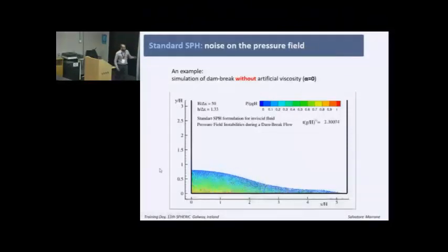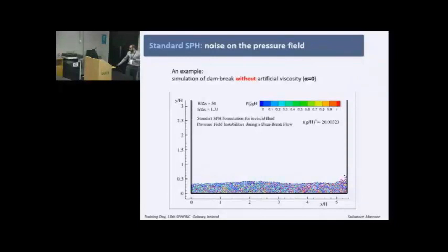So what we have in this dam collapse is that the pressure field gets more and more noisy following the time. So the simulation is somehow unstable, in the sense that we have a very high frequency noise, but it never explodes, never crashes.